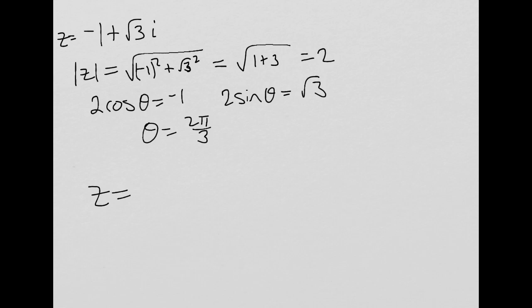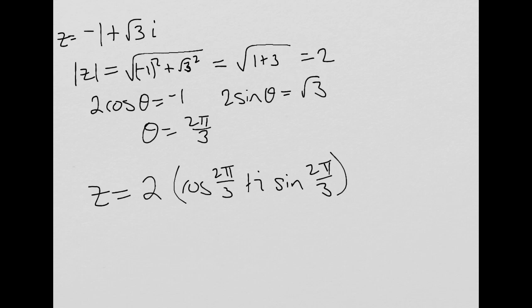So z is equal to 2, its modulus, times cosine 2 pi over 3 plus i sine 2 pi over 3. We can convert it into that form. Now, you might ask yourself at this point, why would we possibly want to? And the answer is, it really can be helpful with arithmetic.